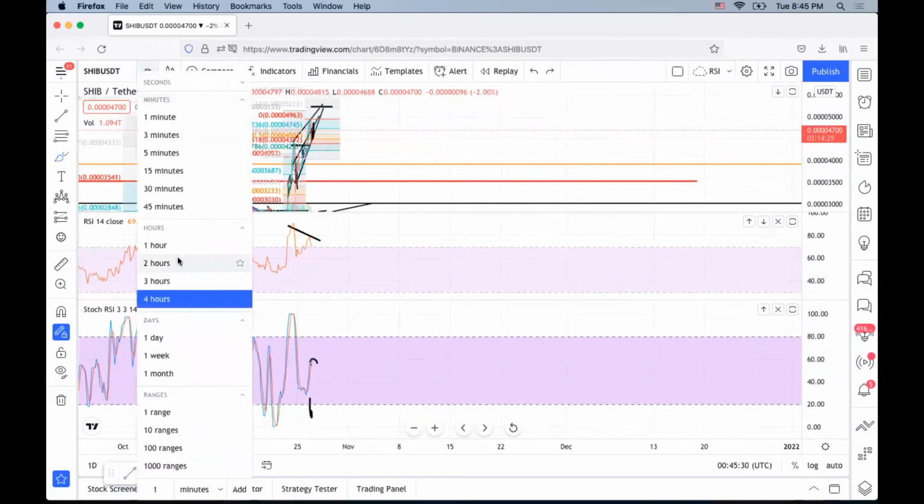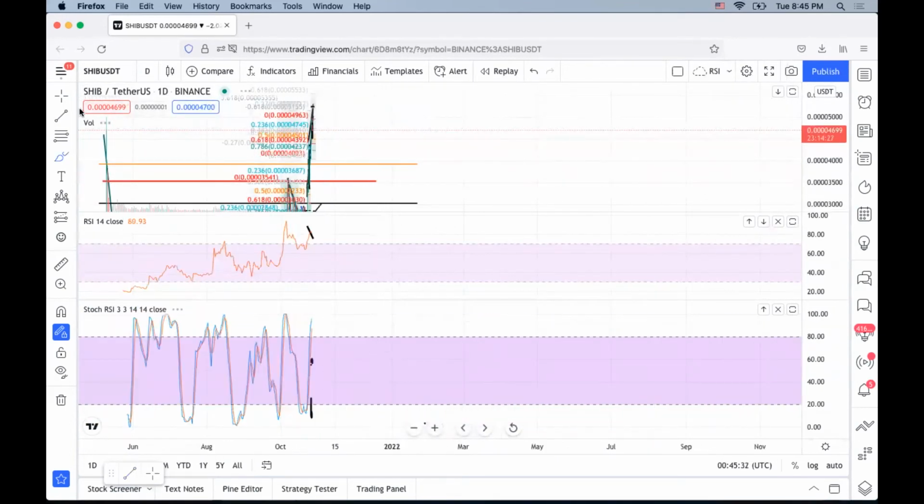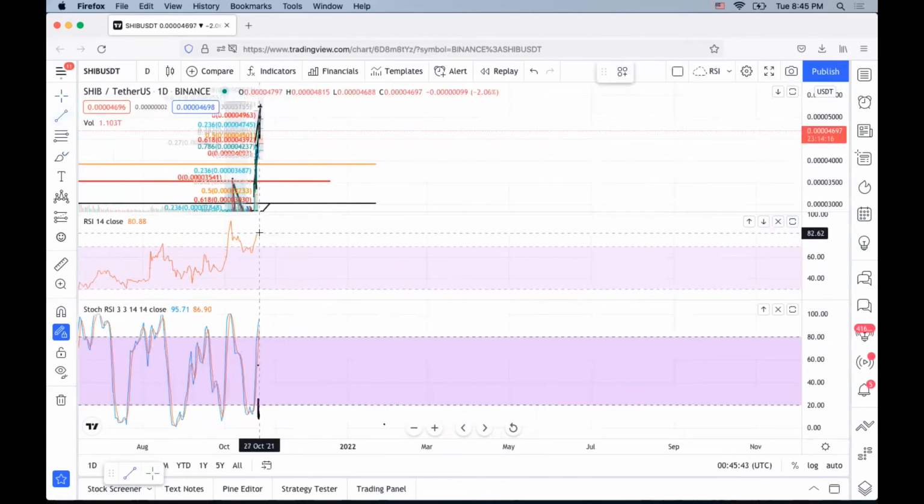All right, over here on the daily, let me delete this one out. As you see over here on our daily chart, we have not made a higher high on the regular RSI, so we do have a very strong bearish divergence still right there.